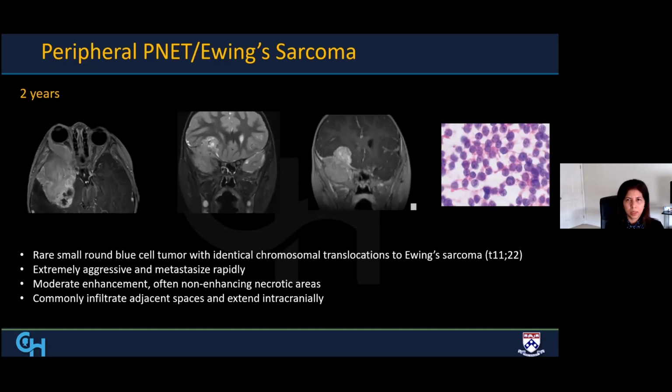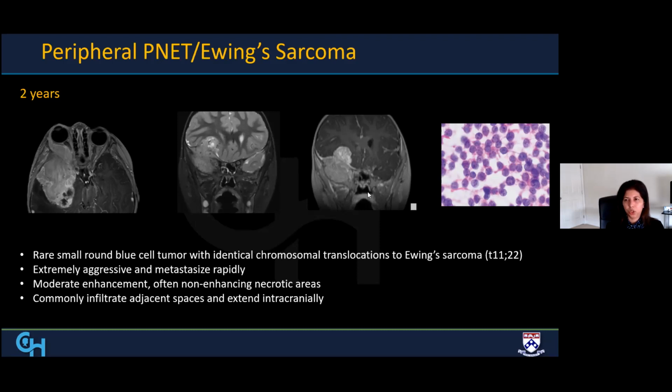But you can see this in the craniofacial region as extensive large masses, which usually have some kind of marrow involvement and are associated with bulky soft tissue masses. They can be really aggressive, with bony destruction and infiltration into surrounding tissues.